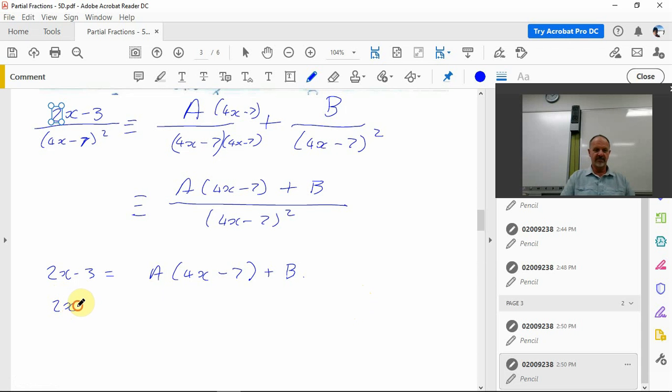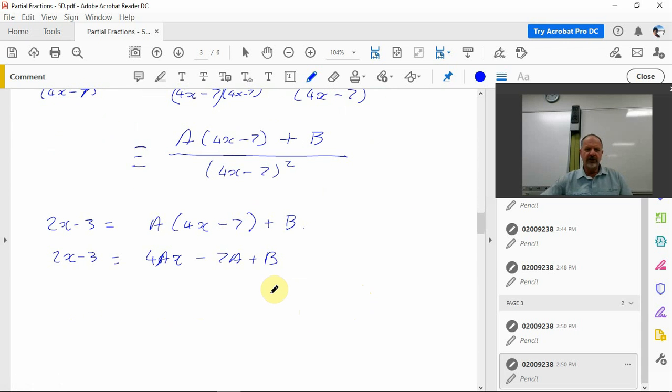So 2x minus 3 equals 4ax minus 7a plus b. So looking at coefficients of x, 2 has got to equal 4a. So a has got to equal a half.